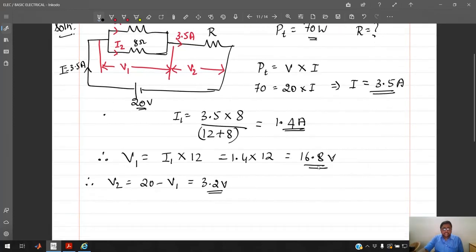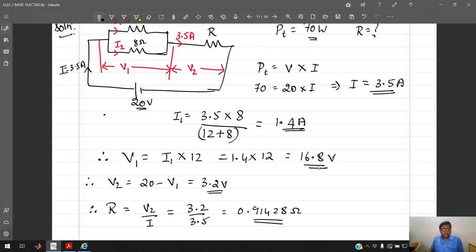So the voltage drop across R is 3.2 volts and the current flowing through R is 3.5 ampere. I can easily calculate the unknown resistor R as V2 divided by I, that is 3.2 divided by 3.5. You'll get the answer as 0.91428 ohms. So this is the value of the unknown resistor R.